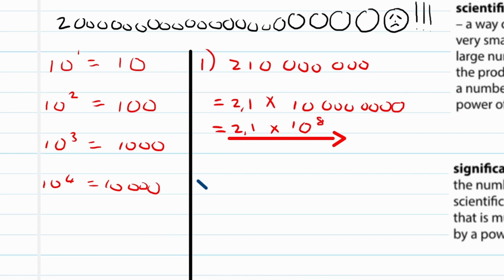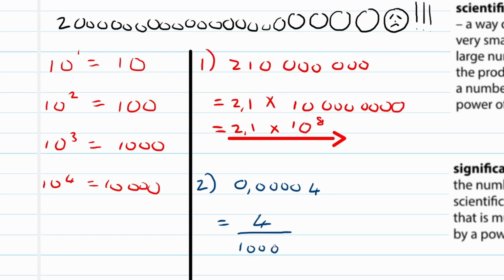And now we're going to take a very small number. So let's say, for instance, 0.00004. You can see here that this is the same as 4 divided by 1, 2, 3, 4, 5.